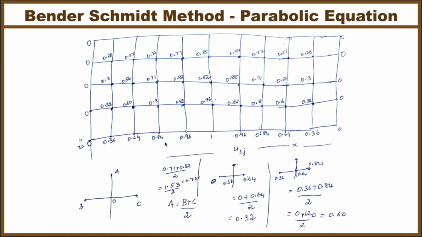So we are writing all the answers when x is equal to 1, x is equal to 2, x is equal to 3, x is equal to 4, x is equal to 5, x is equal to 6, x is equal to 7, 8, 9 and 10. We write all these values. So what are the values we know? We know this value, we know this value, and we know this value.